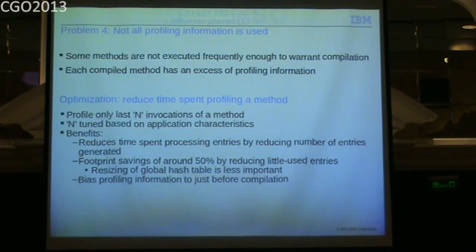So if you're compiling a method after 3,000 invocations, you don't need to profile all 3,000 of those. There are a lot of heuristics involved in picking n, but right now it's near 1,000. The default value is 1,000. Yeah. Thanks.